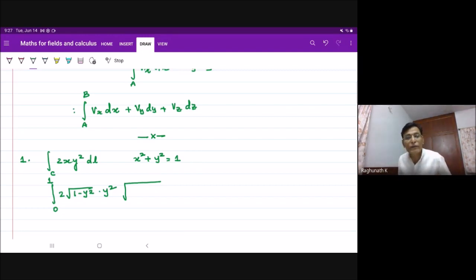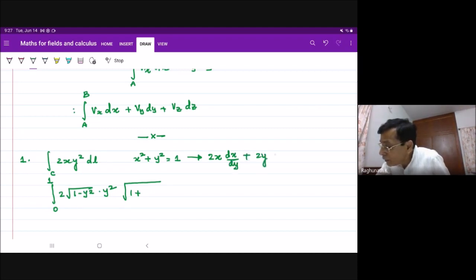To get dx by dy, from 2x dx plus 2y dy is equal to 0. Do you agree with that?